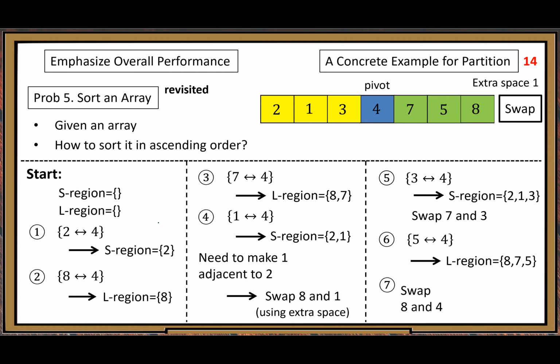And you can see, first, the pivot element is in place. Second, all the elements at the left-hand side of P are less than or equal to P, and all the elements at the right-hand side of P are strictly greater than P. That's the requirement we want to achieve in our divide step.